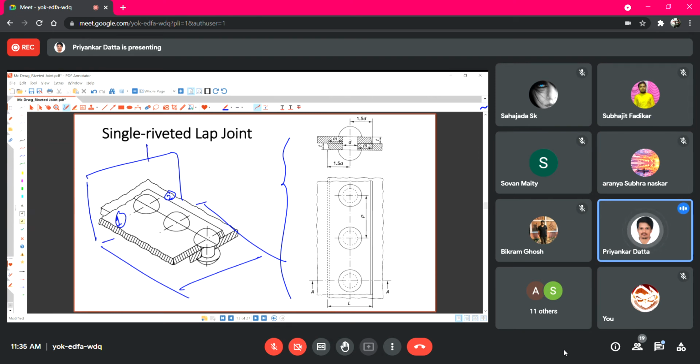So if you see from the top, this is the top view, and if you see from the front, this is the sectional front view, right? Now for sectional front view, you see that a section is shown, and this, if you take a section through this AA plane, you will see what is the sectional view.